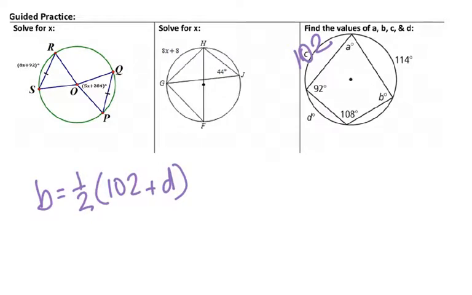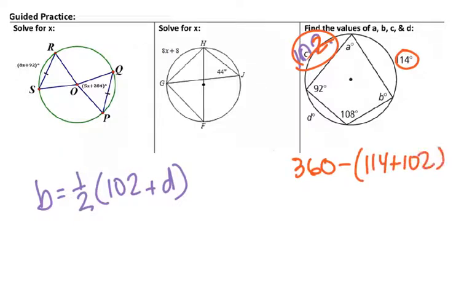One thing I know about a circle is that it's 360 degrees around. I don't have to know the radius or anything of a circle because all circles are 360 degrees. So the entire circle, as far as degrees goes, is 360. If I take the ones that I know and subtract the 114 and the 102, I would have whatever is left right there.